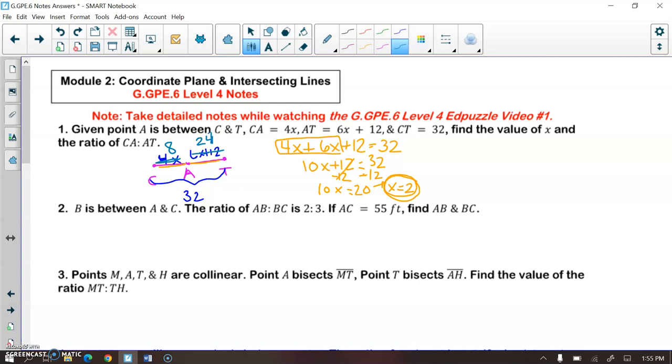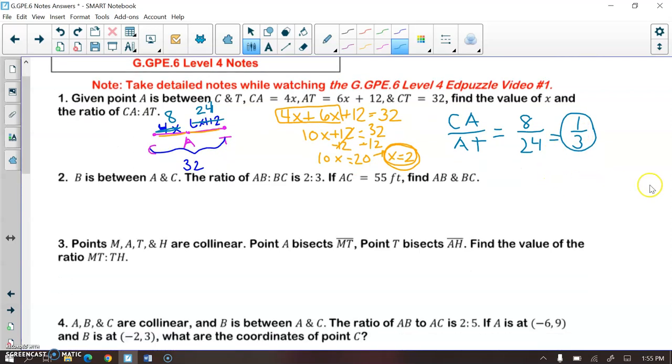A way that you can write a ratio, you could write it as a fraction, CA over AT, that's the same thing as CA to AT. And so CA was 8 and AT was 24, and then we can reduce that ratio, and that's going to be 1 to 3. That's it for that one.